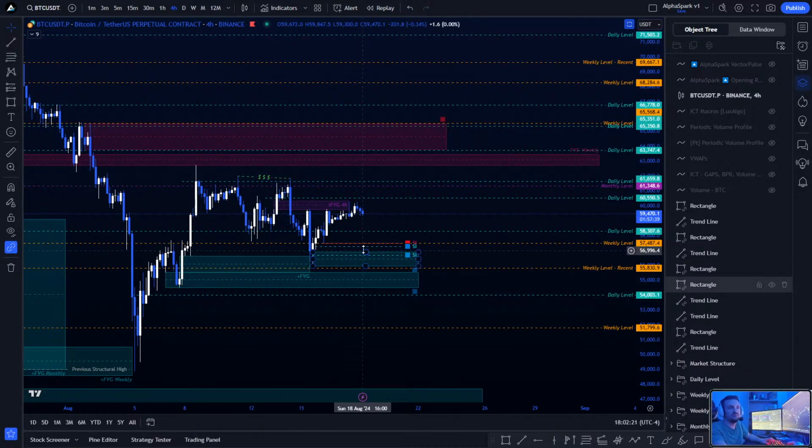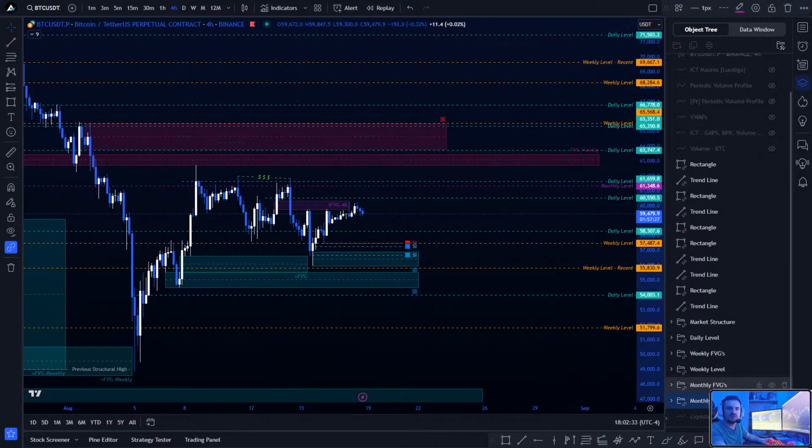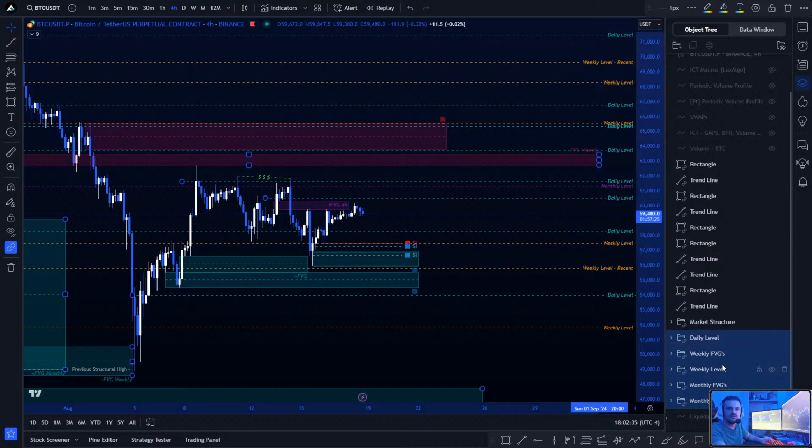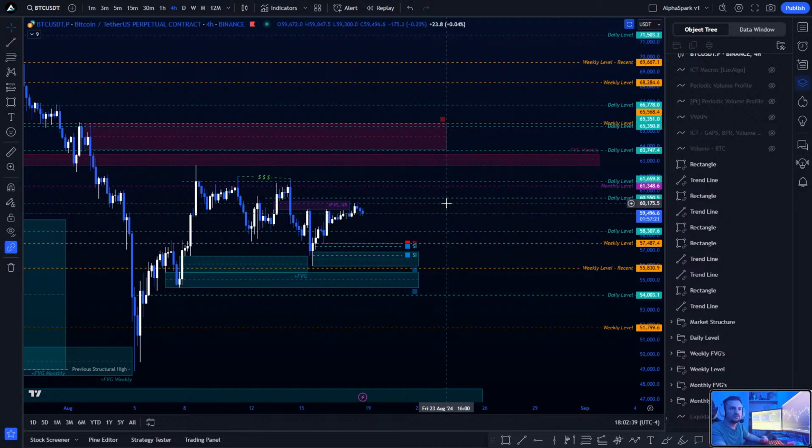If we start having a reversal after a liquidity grab of these lows, we just know there's a very high chance of getting to that weekly fair value gap, right? At this point, having these levels is not that important.